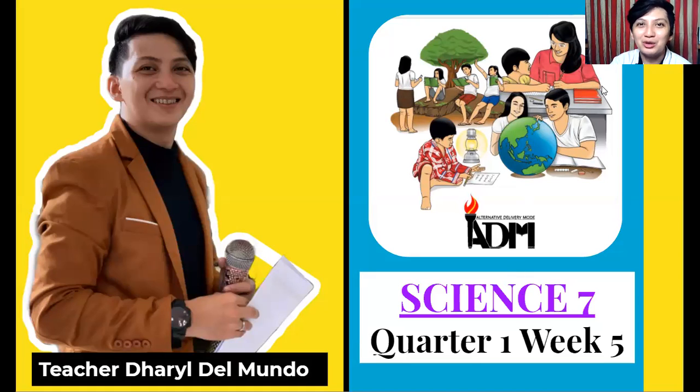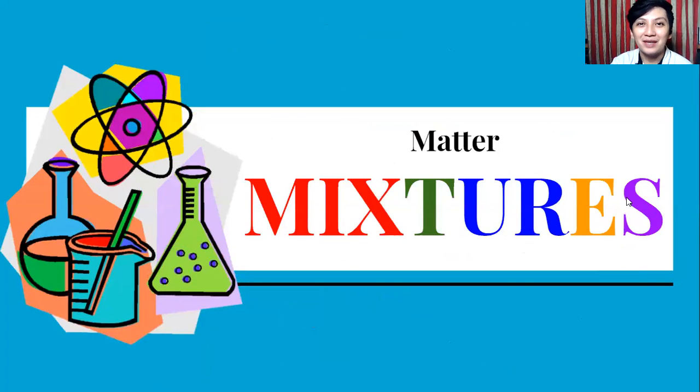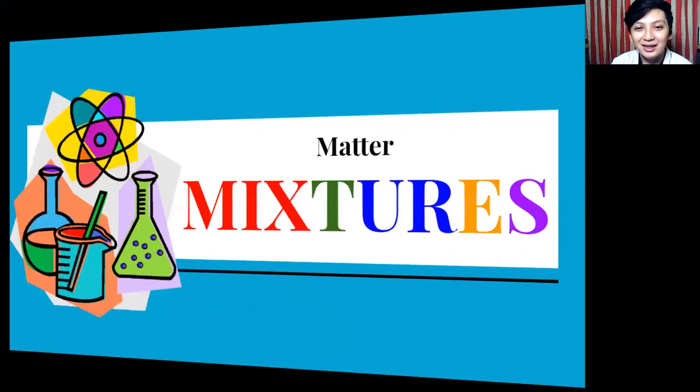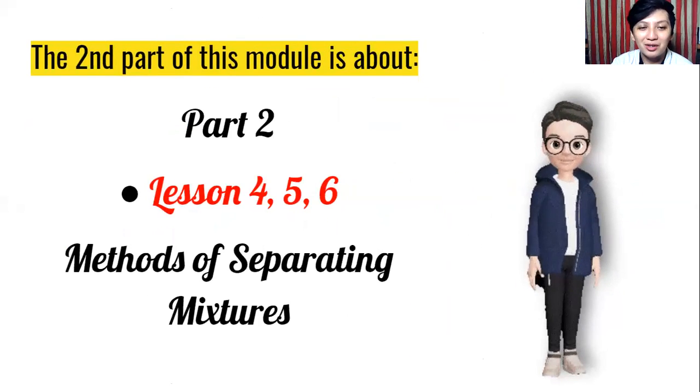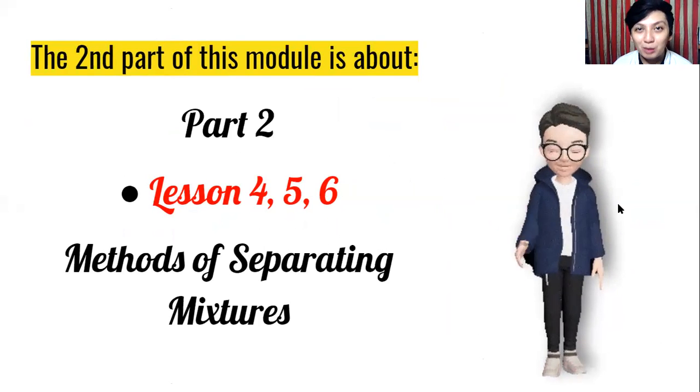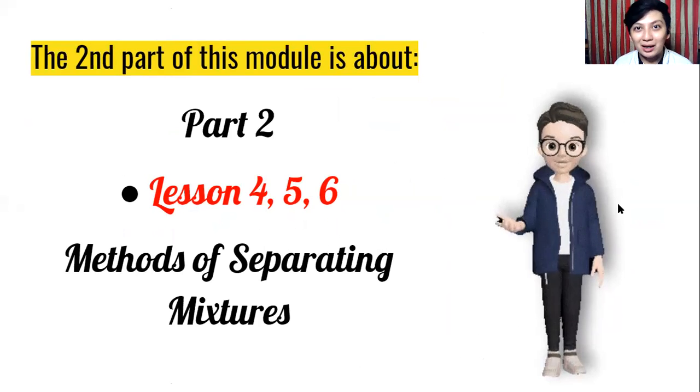And today we will continue for our quarter one, week number 5. This quarter one, week number 5 is again focused on mixtures. Basically, this is all about methods of separating mixtures, meaning to say, we are talking about impure substances. Ito yung mga combinations of pure substances mixed with another pure substances.